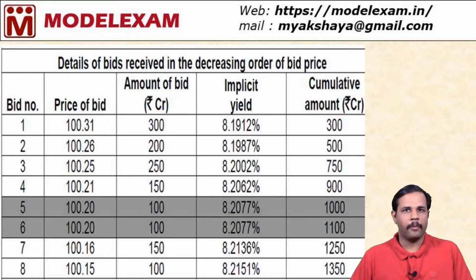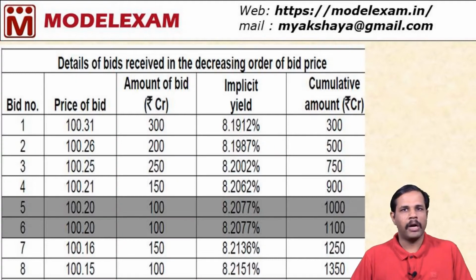In case of uniform price auction, all bidders, starting from bidder number 1 till bidder number 6, will pay the same price, that is the cut-off price 100.20. That is uniform price auction.